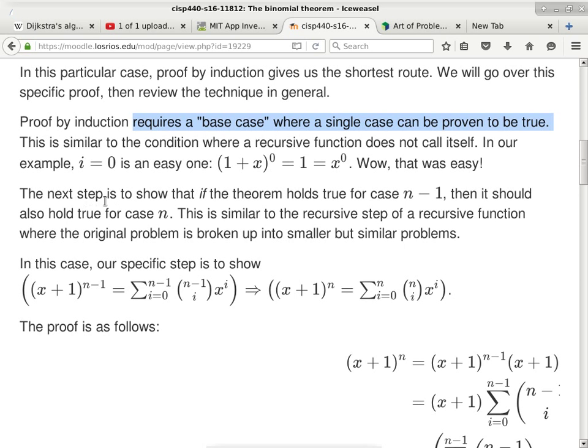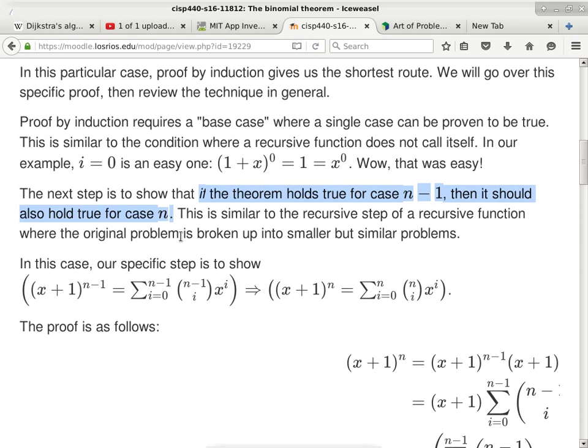The step is basically saying if the theorem is true for case n minus 1, then it should also be true for case n. In fact, the proof of the step is really just to prove from case n minus 1 to n. And that's induction. This is called the induction step.